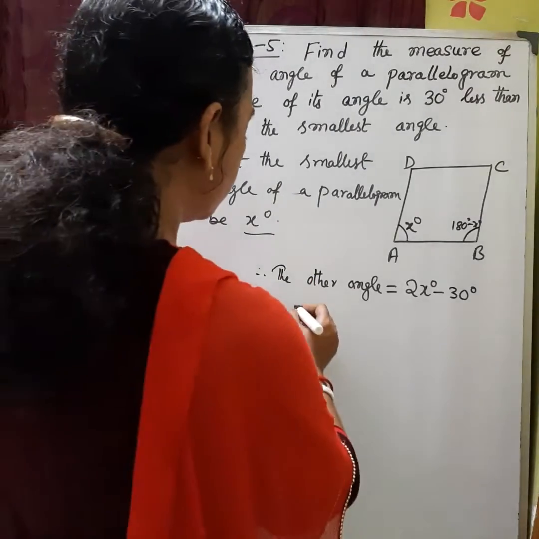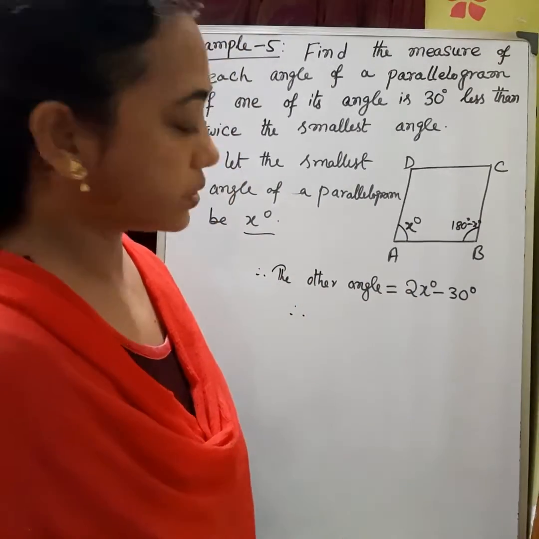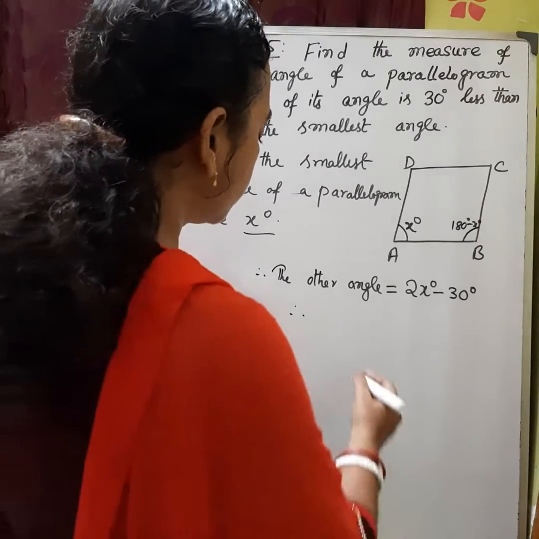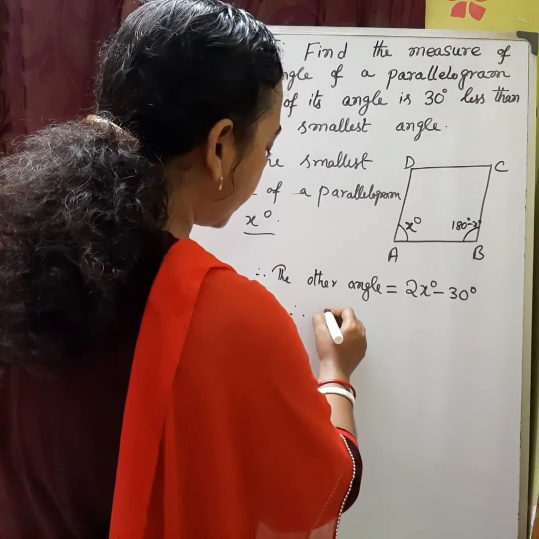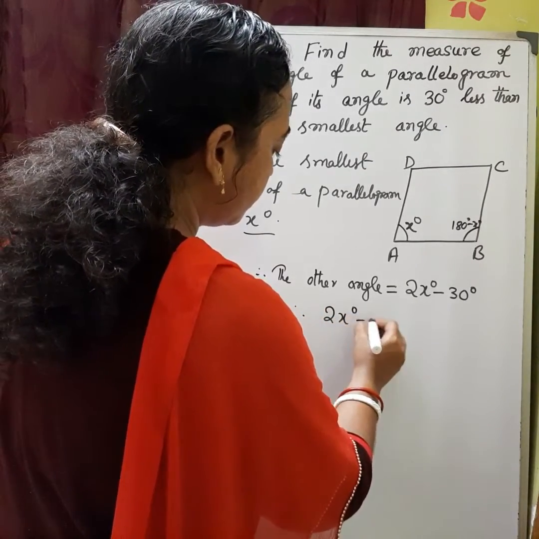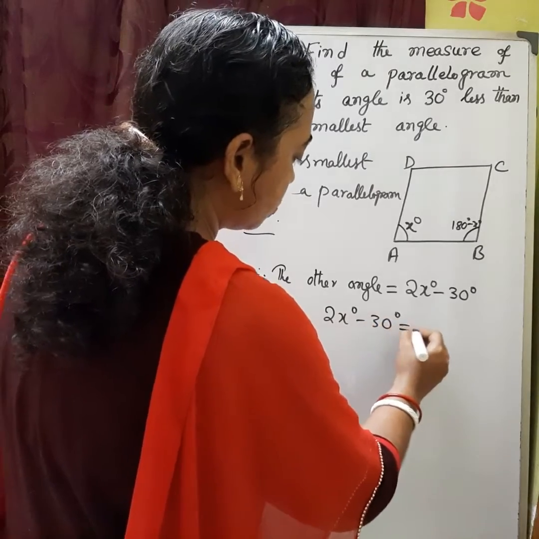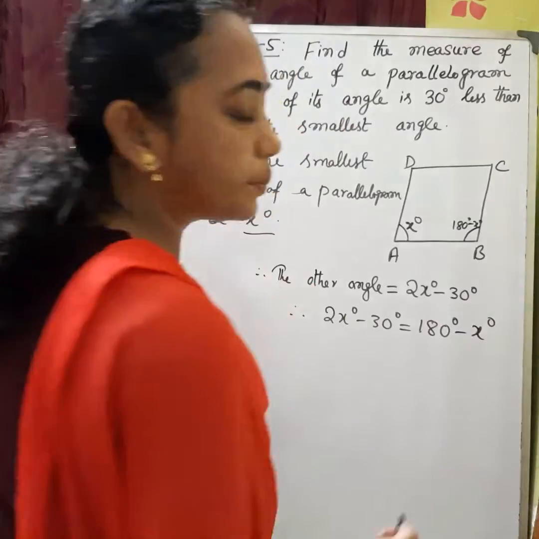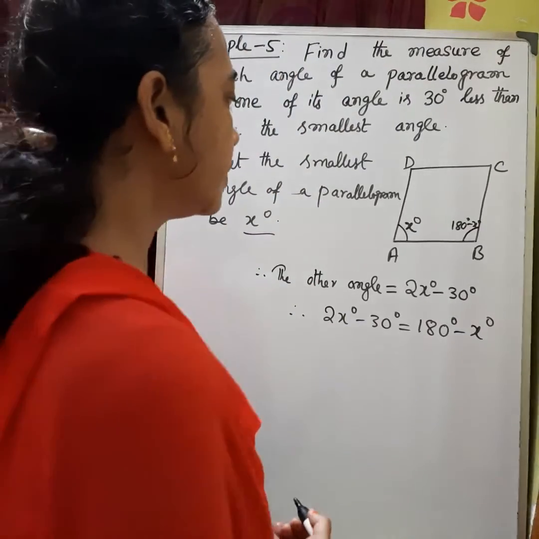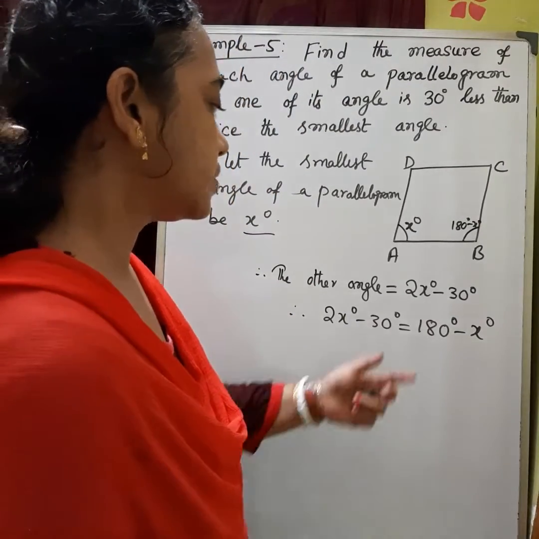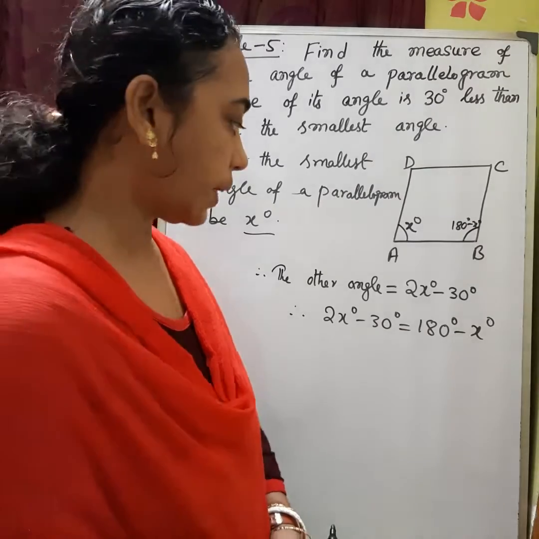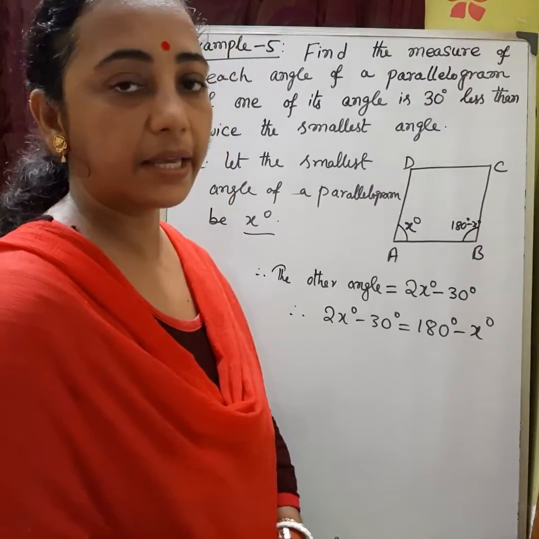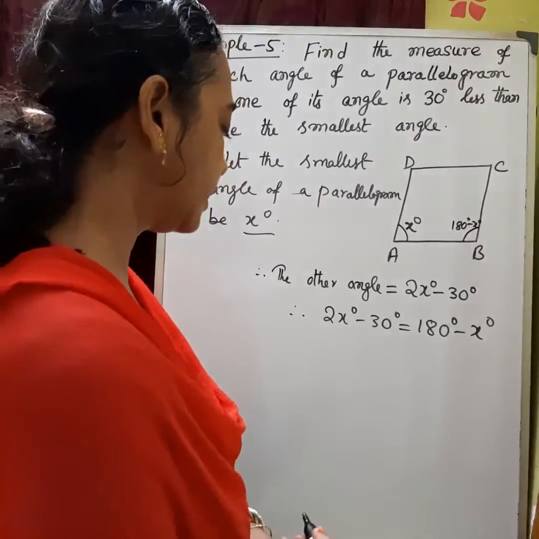Also these two angles are adjacent angles, because these two angles are not equal. So their sum will be 180 degree. We can write x degree plus 2x degree minus 30 degree is equal to 180 degree.